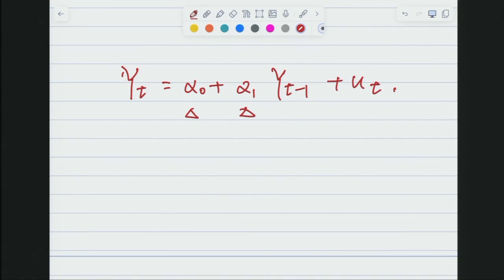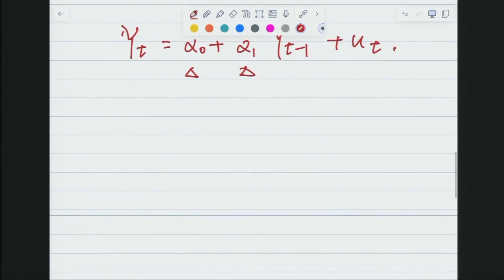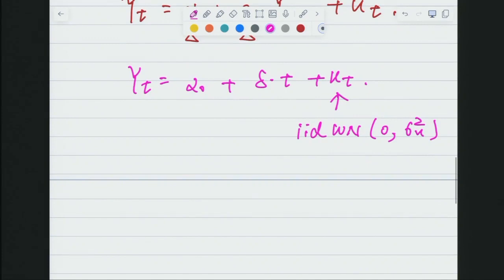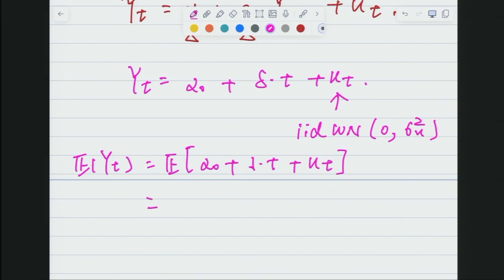So if you consider the linear trend model, where we have y_t equal to alpha naught plus delta times t plus u_t, remember, the shock is always an IID white noise with mean 0 and variance sigma squared u. Then taking the expected value of y gives us the expected value of the entire expression. Alpha naught is a constant, take it out.